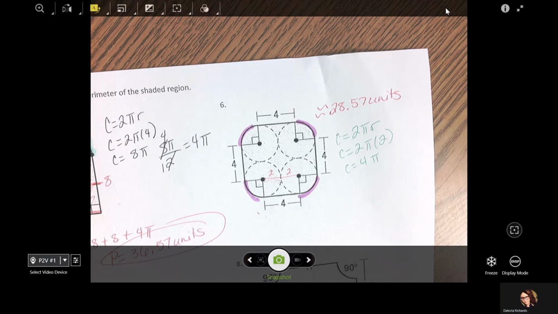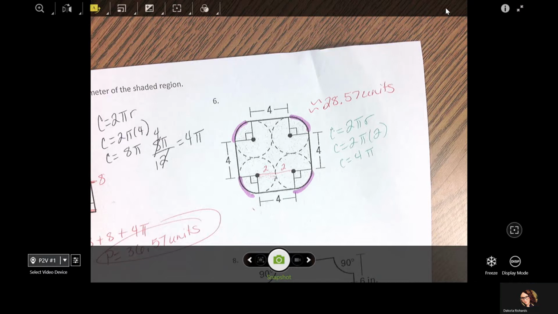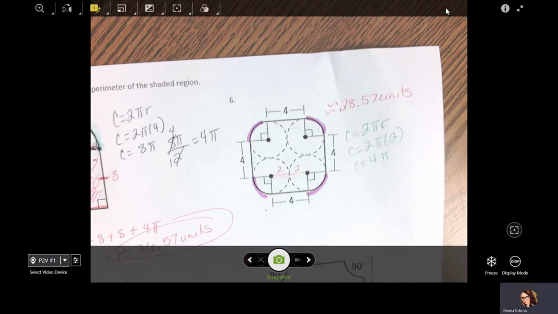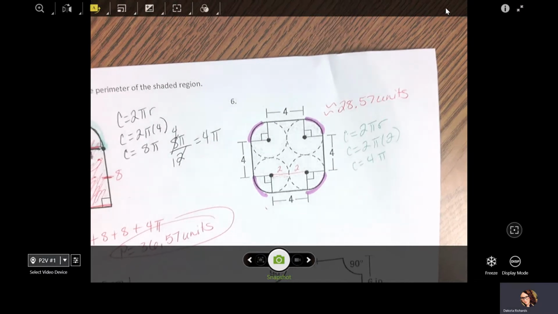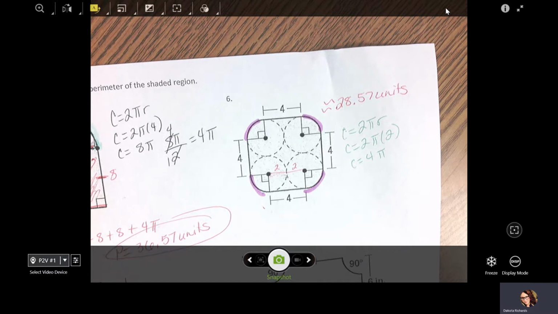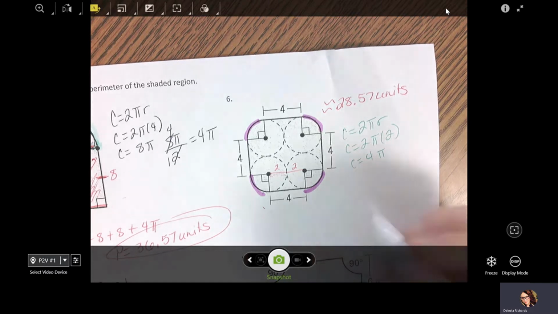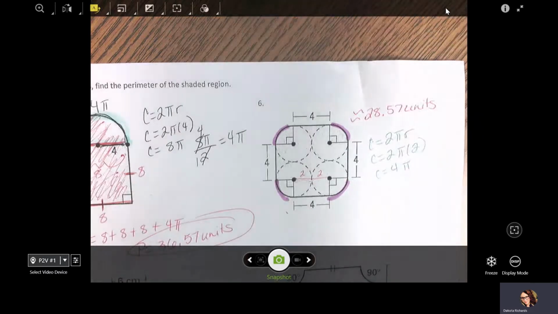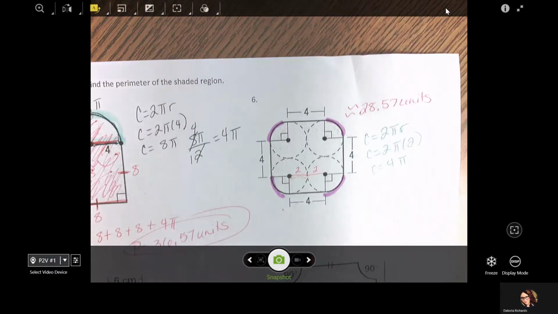Yes. Yeah. There are multiple ways of doing these. I'm just showing you what I'm seeing. Okay. And then, so after you found those distances, you have to account for the other ones.